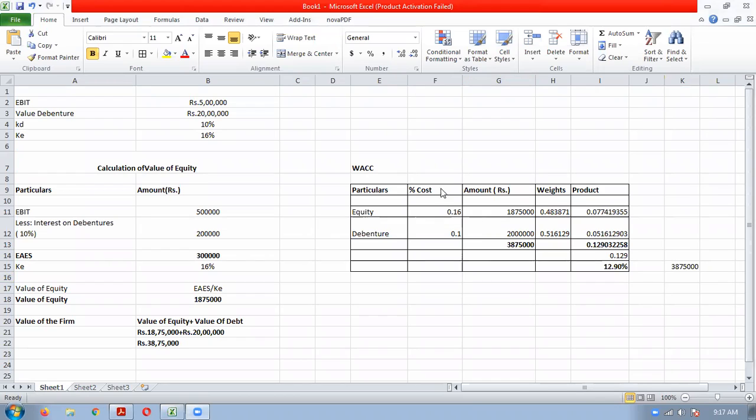Product is the individual cost into weight: 0.16 into 0.483871, and 0.1 into 0.51612. Understood this much, everybody? So we can stop here today.